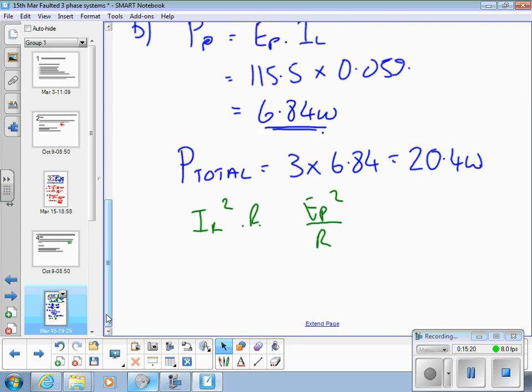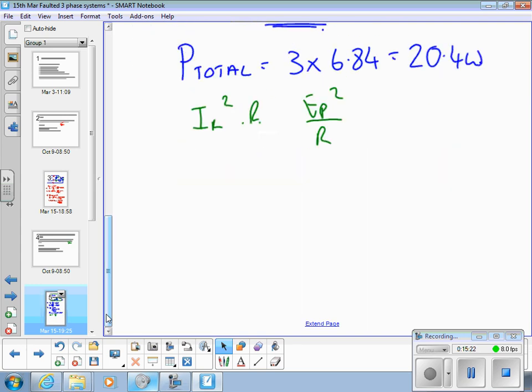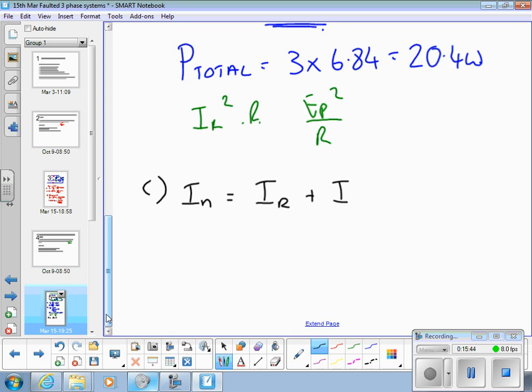And then the last bit, did you prove that there's zero current flowing in the neutral, theoretically? I_N is equal to, I'm going to use R, Y and B for red, yellow and blue, the three currents added together.